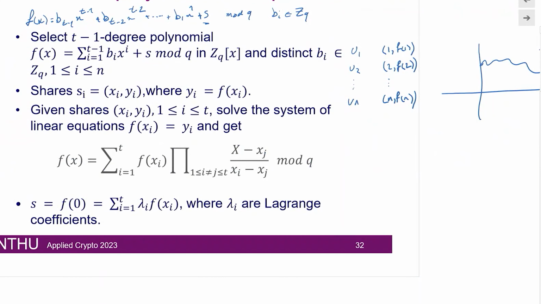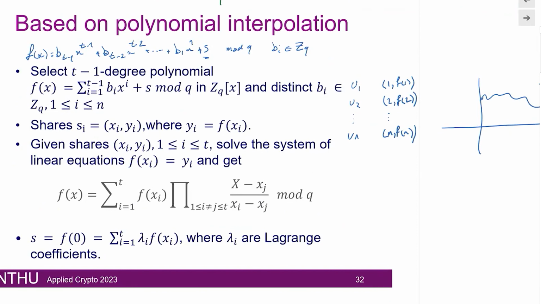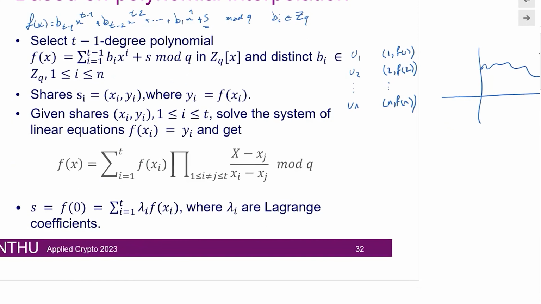Given that, the setup is finished. Imagine that later on, t users get together, so we would have t different points. This is how we can reconstruct according to the Lagrange polynomial interpolation formula. We don't want to go through the proof; we just take it as a fact that this is how you reconstruct this function f of x using only these t points.